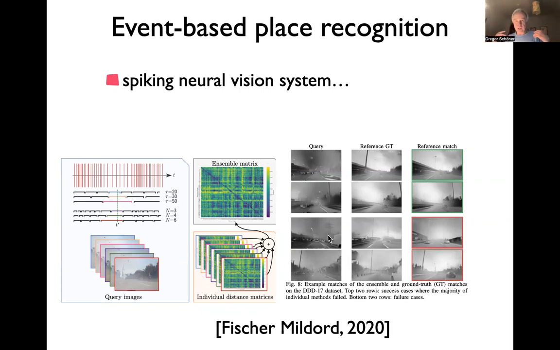You don't transmit a whole picture with most pixels not changing. You only transmit any changes, sort of like in the MPEG compression algorithm, but this is really on the periphery. The sensor itself only sends signals where there's change, pretty much like your retina does.